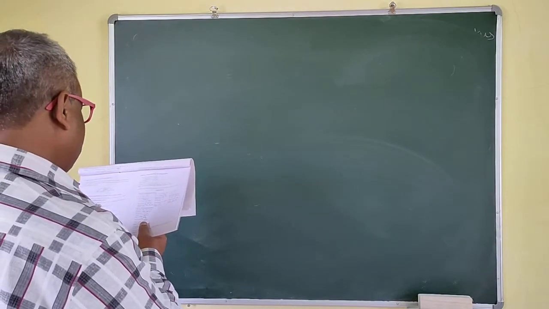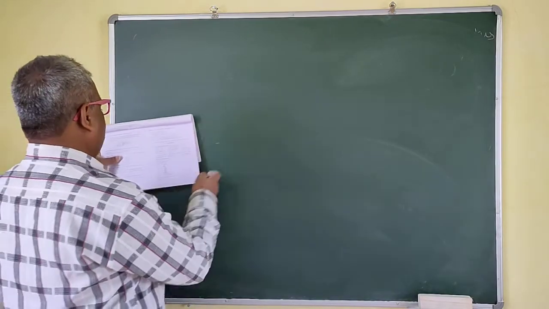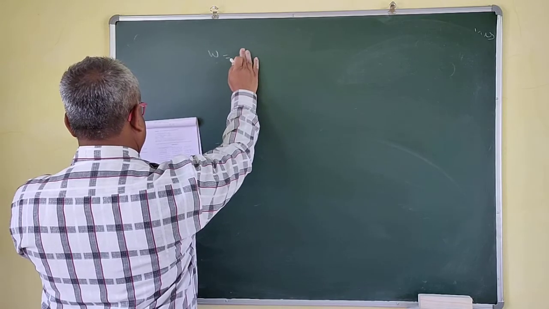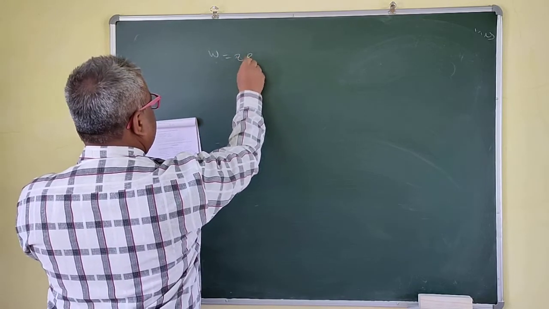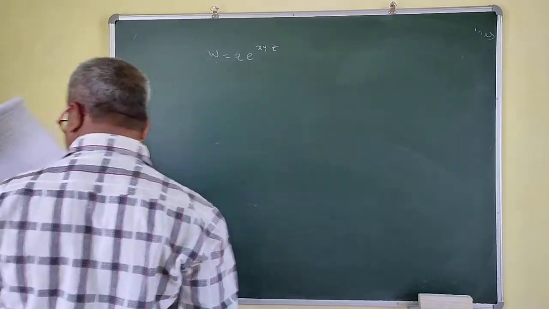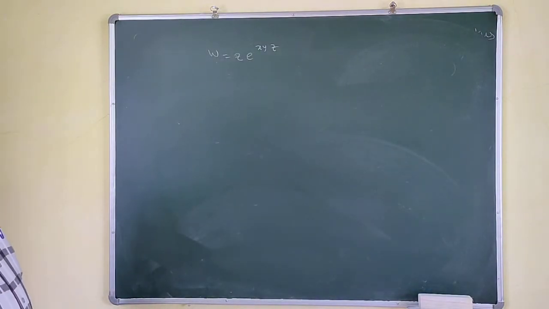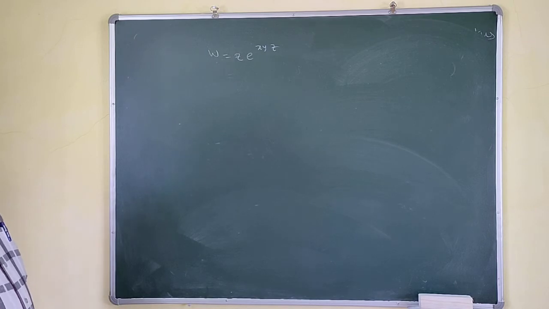Okay, so we'll take the problem. w is equal to z e raised to x y z. Okay, we'll take this one, no problem. So we have to find all second order partial derivatives.